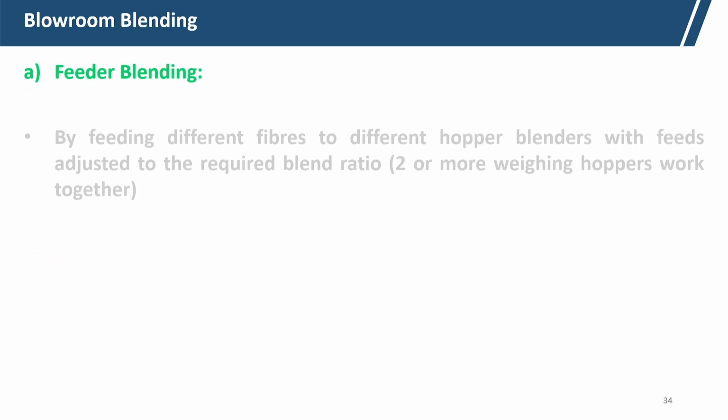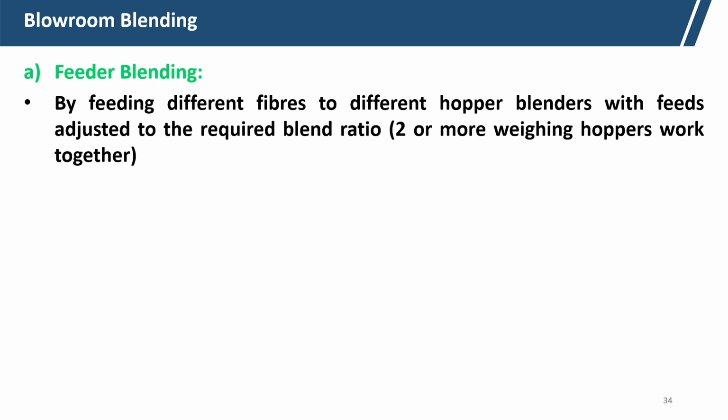Now, if you see feeder blending, by feeder blending the different fibers are fed to different hopper blenders with feed adjustment to the required blend. So, 2 or more weighing hoppers are required.